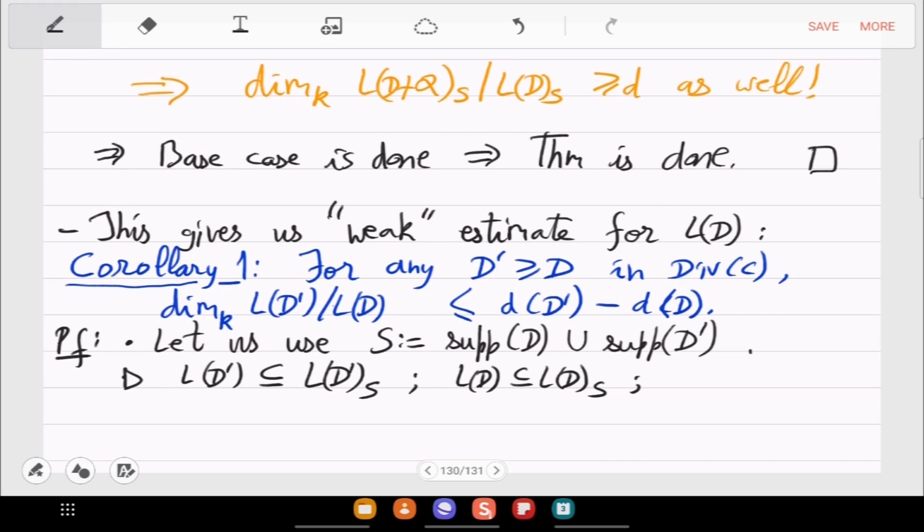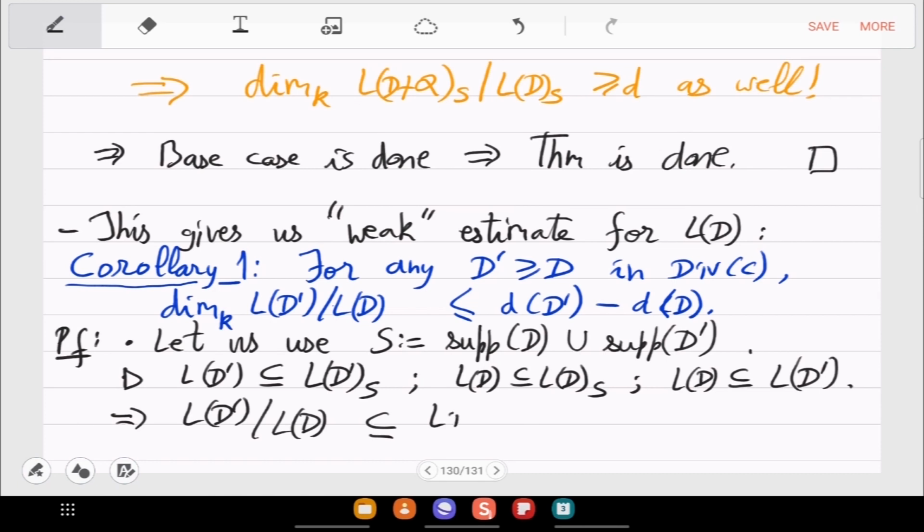And you know that LD is a subgroup of LD prime. You know these easy conditions of subgroup containment. So from this actually you can make sense of LD prime by LD. So LD prime mod LD can be seen as a subgroup of this.